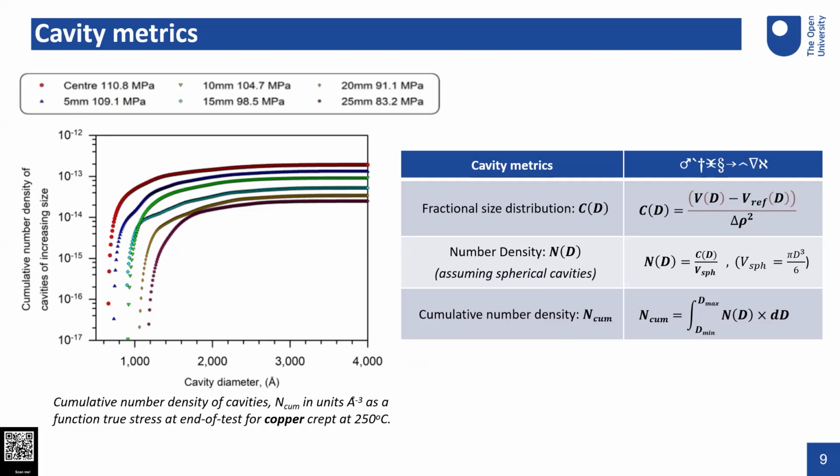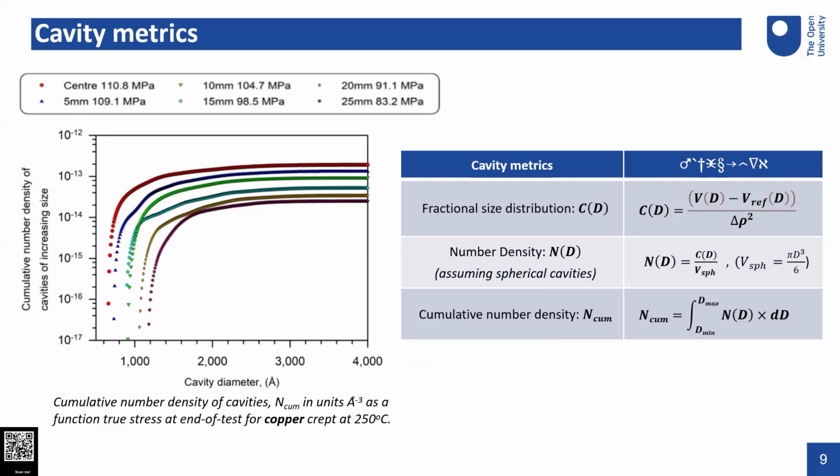For the smaller cavities, this is cavity nucleation, but sometimes it becomes a plateau. That suggests the cavities are growing, and because the number density is related to the size of the cavity, when growth is the dominating factor, you get that plateau.